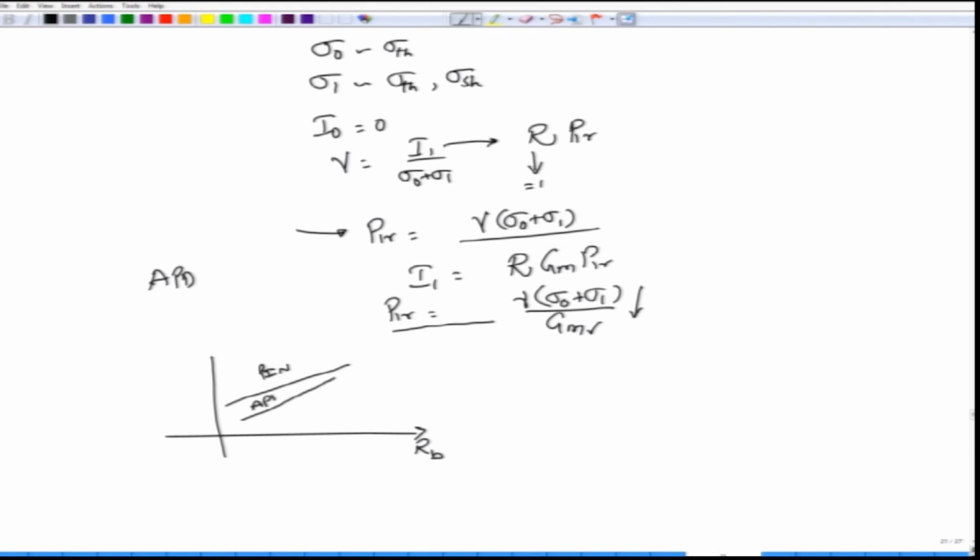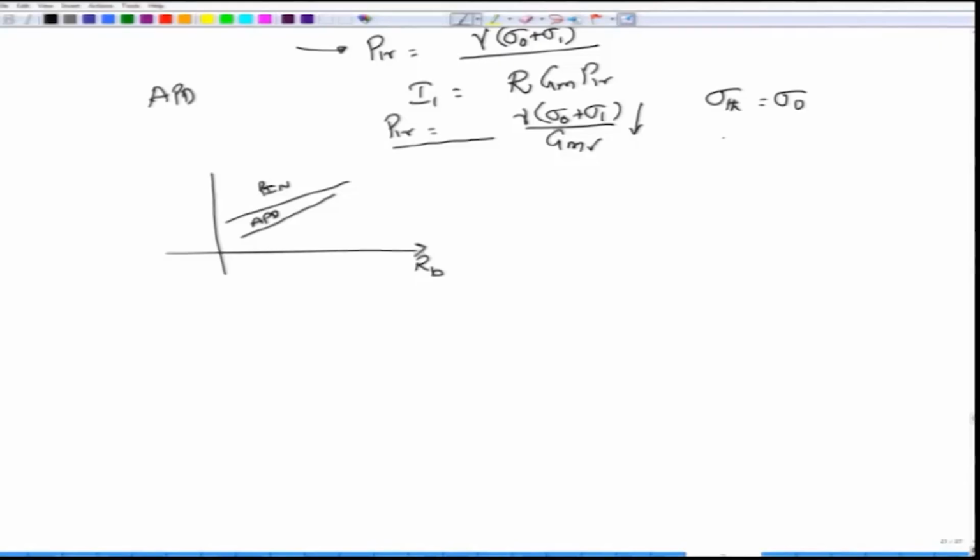So, this is the APD, and you see that the received power requirement for the same BER is much lower for a given bit rate in the case of an APD receiver. And this is because of the internal gain of the APD structure itself.